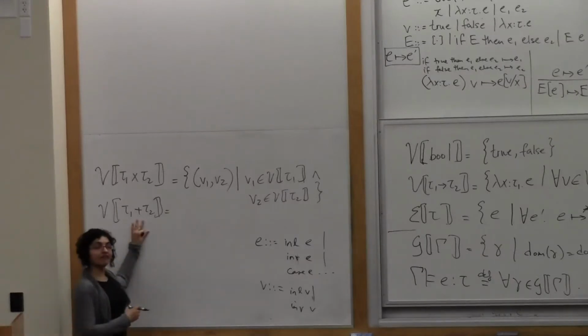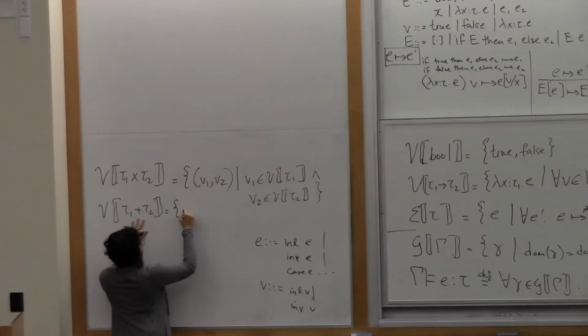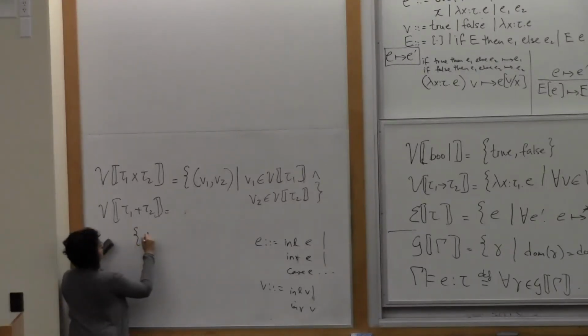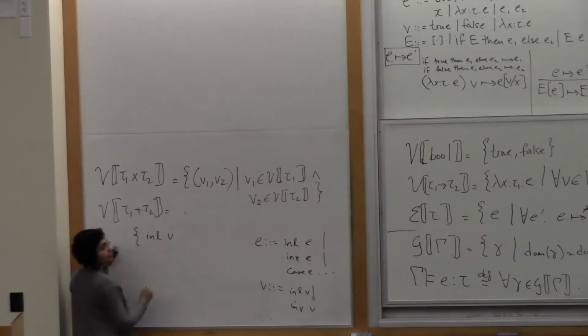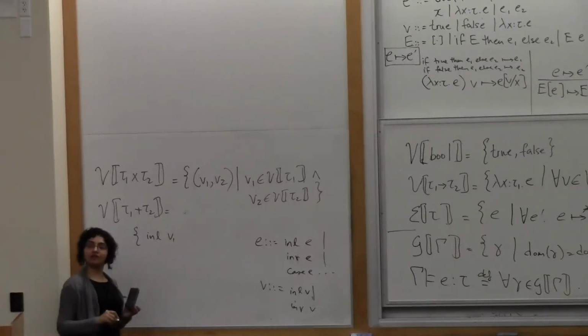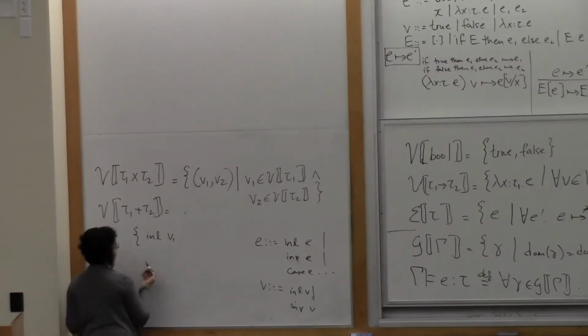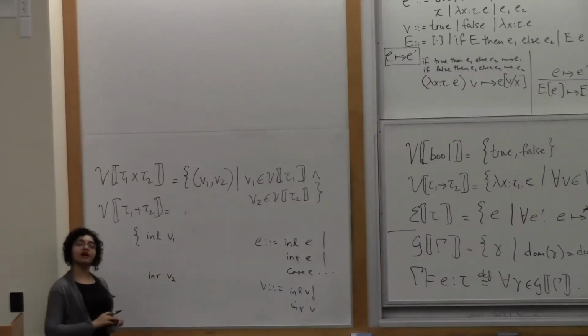A value can have this type if it's in left of V1, or if it's in right of V2.